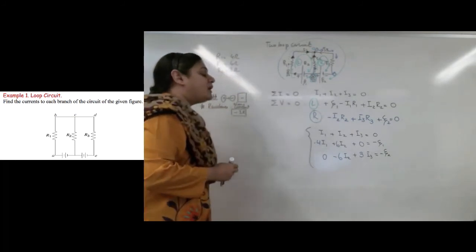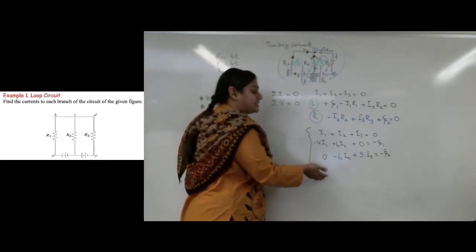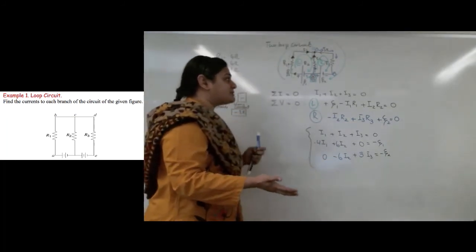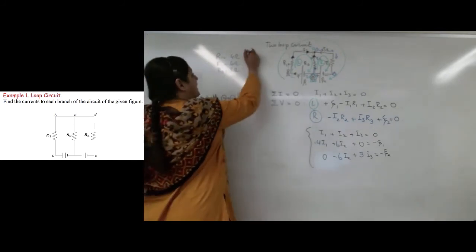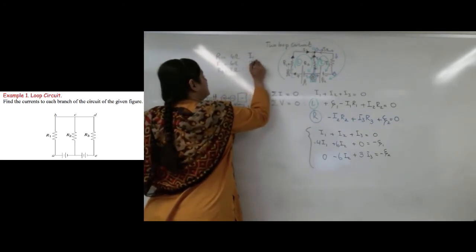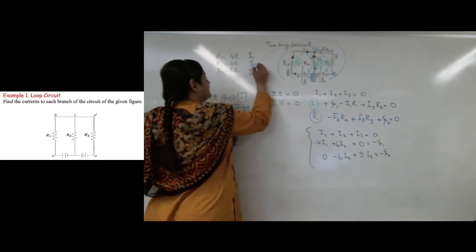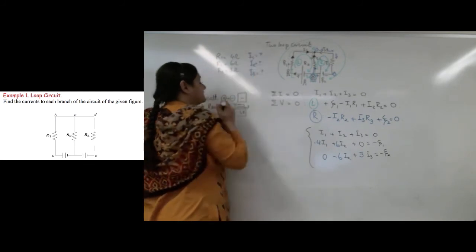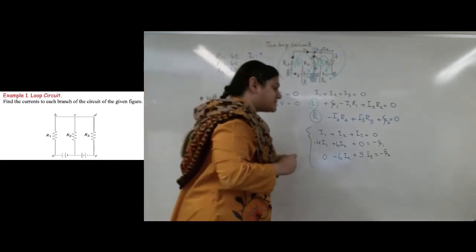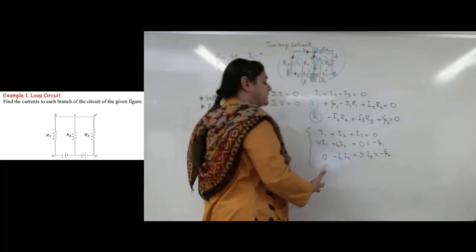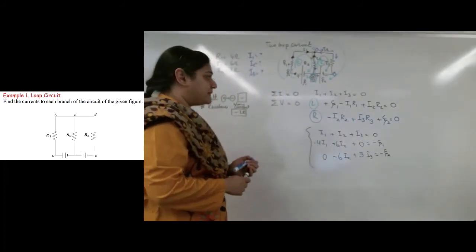Okay? Now I have 3 equations. And I have 3 unknowns because I wanted to find I1, I2, I3. Right? This is what I needed to find. So you have 3 simultaneous equations, you have 3 unknowns, and you can easily find them.